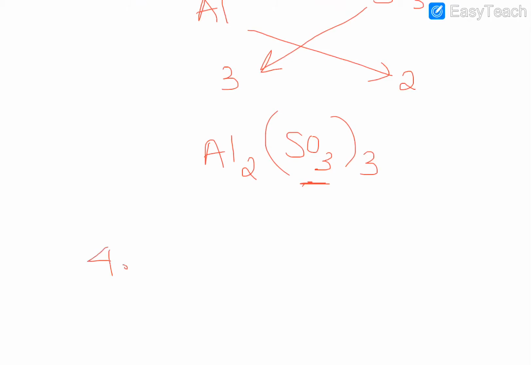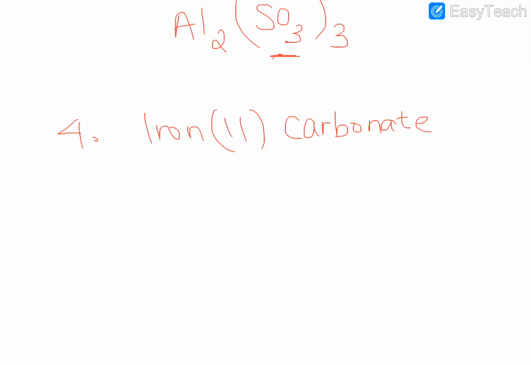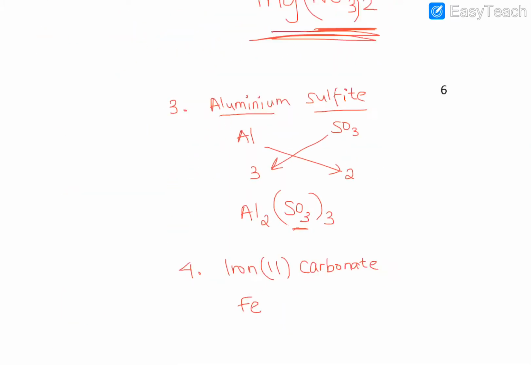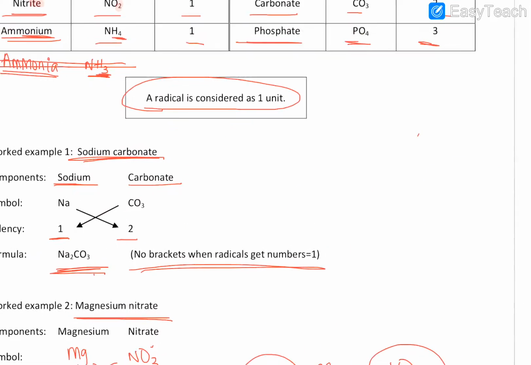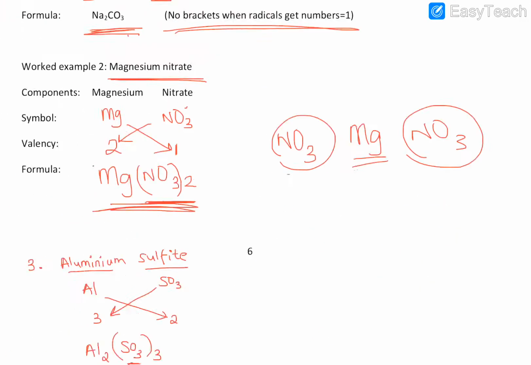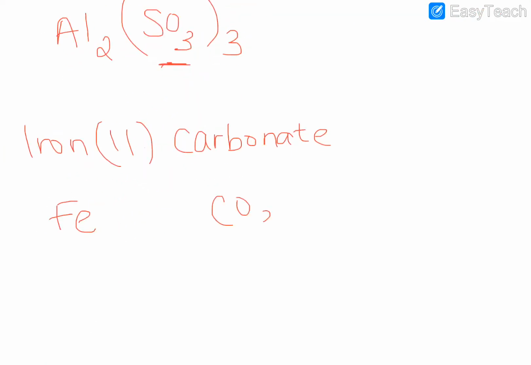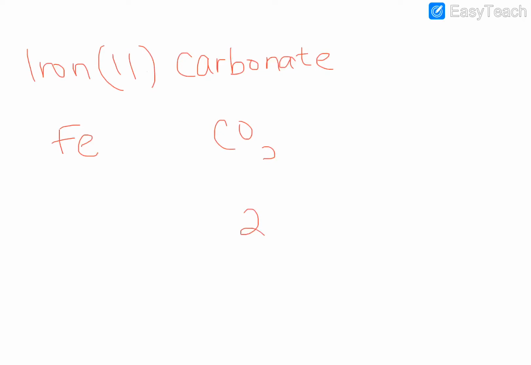A fourth example, iron 2 carbonate. Iron has symbol Fe. Carbonate, if you look in the table, is CO3, valency 2. So carbonate, I will write CO3, it has valency 2.